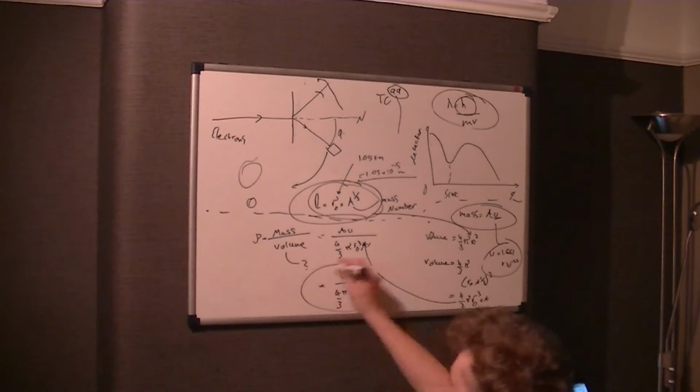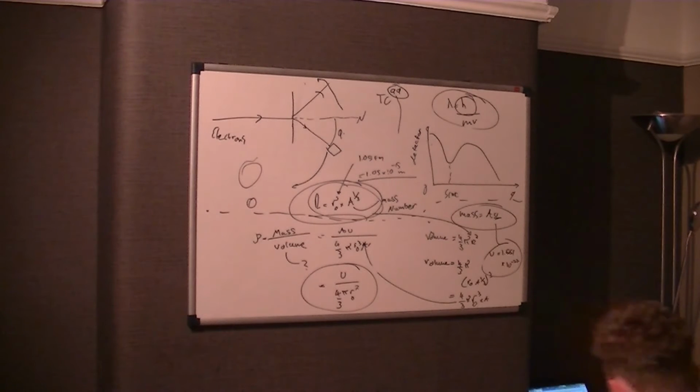And you would sub in a typical value for r0, which might be approximately 1.05 times 10 to the minus 15, which would obviously get you around 3.4 times 10 to the 17 kilogram per meter cubed. So that's essentially a typical density of a nucleus.